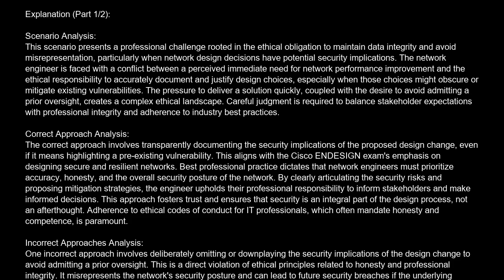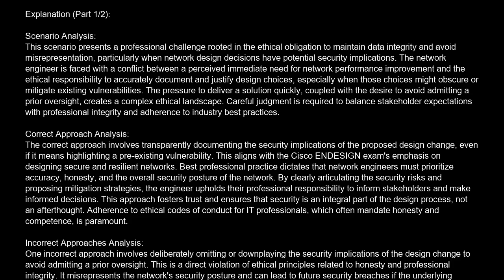The pressure to deliver a solution quickly, coupled with the desire to avoid admitting a prior oversight, creates a complex ethical landscape. Careful judgment is required to balance stakeholder expectations with professional integrity and adherence to industry best practices.